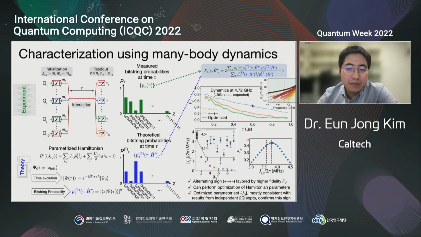We perform independent optimization of nearest neighbor hopping amplitudes and uniform hopping amplitudes for longer distances, as shown by triangular data points with the error bars corresponding to 1 standard deviation. It is shown that the optimized parameter set agrees pretty well with the results from independent 2-qubit experiments indicated by filled circles. And more importantly, this confirms the alternating signs of hopping.